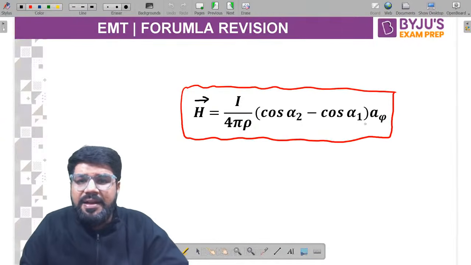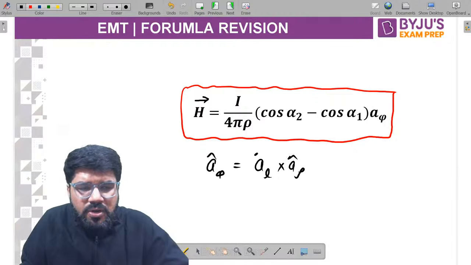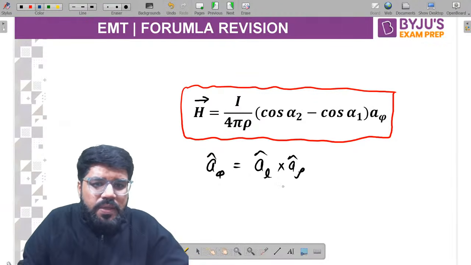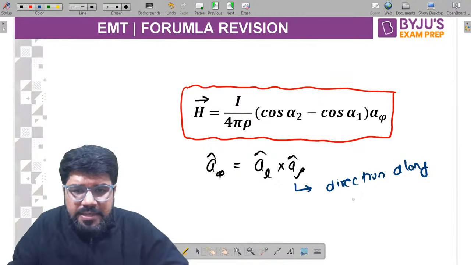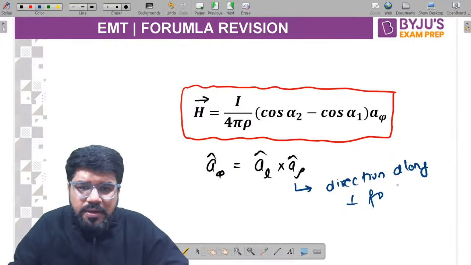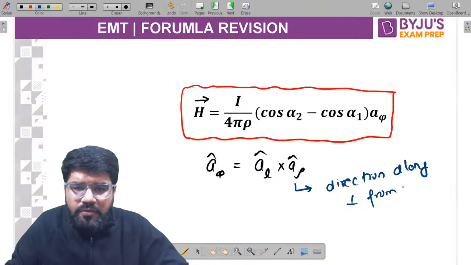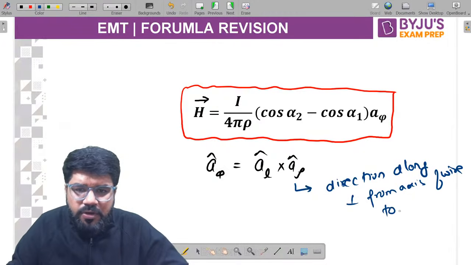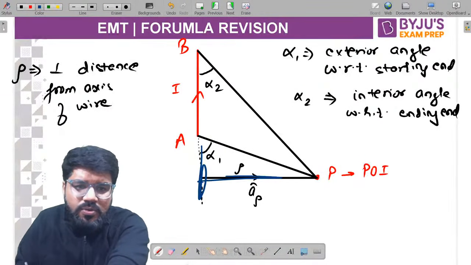The direction of the magnetic field is given by A phi. What is A phi? A phi is evaluated as AL cross A rho. What is AL? What is A rho? A rho is the direction along the perpendicular from the axis of the wire to the point of observation.